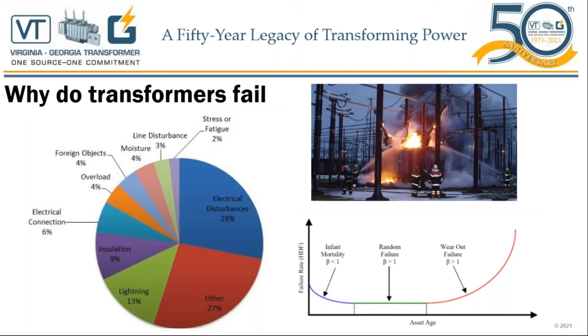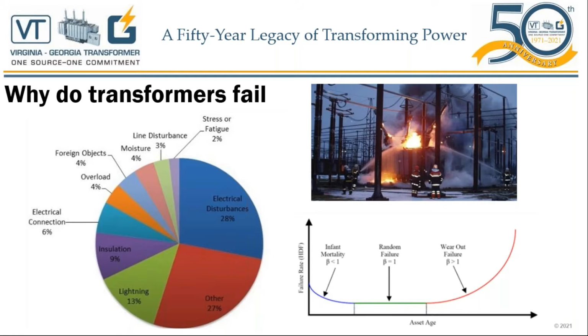Unless we can really pinpoint it looking at the system data, once again, it may not be possible for us to pinpoint, which is why in this pie chart you're seeing, there's 27% of transformer failures in the field that really have not been determined as to why they failed.